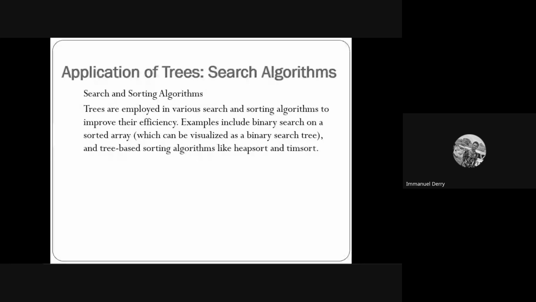Examples include binary search on a sorted array, and then tree-based sorting algorithms like heap sort and Tim sort as well. So in search, we can use binary search and also tree-based sorting. We can talk about heap sort and Tim sort as well.